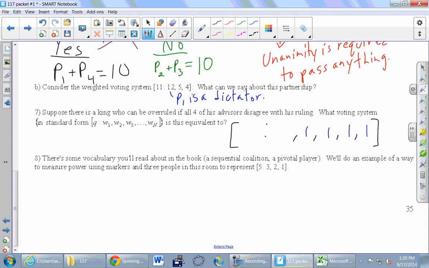All right, so now I think we're ready to think about the quota. So these 4 people can band together and they can pass the thing, right? They can overrule. So in order for them to just barely be able to pass something, we've got to put this quota at 4.